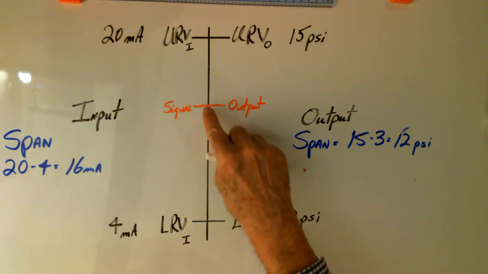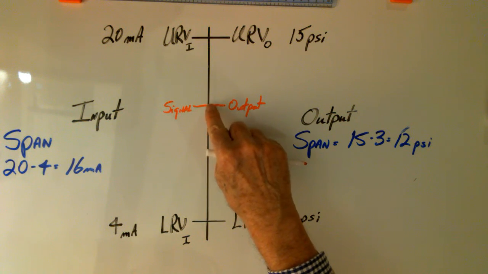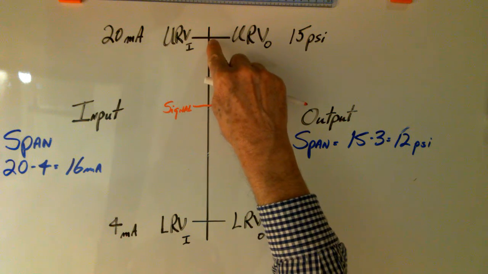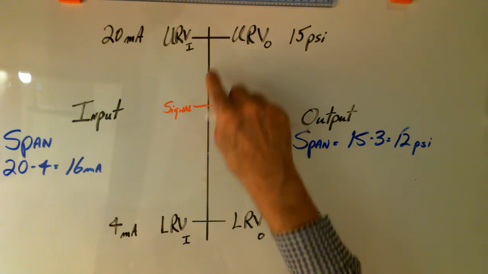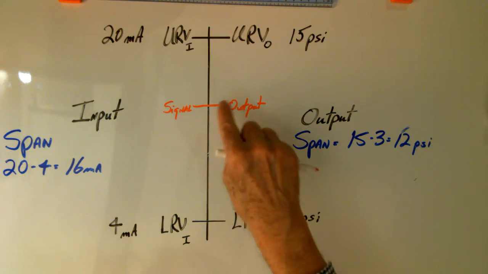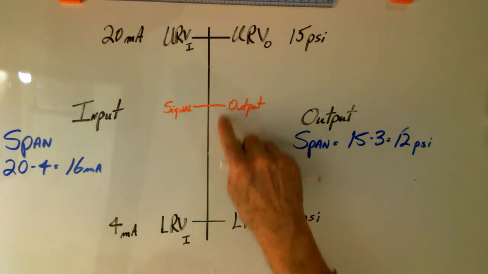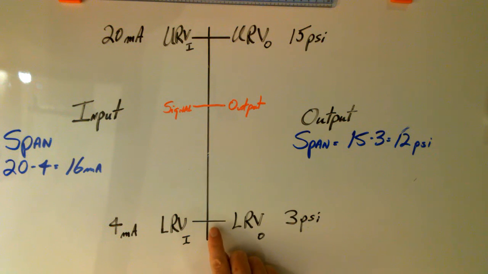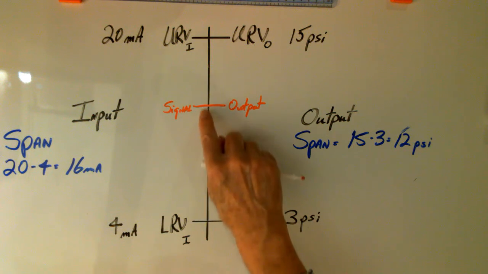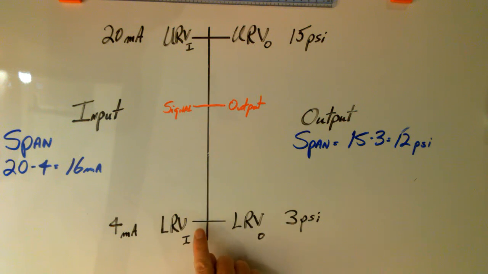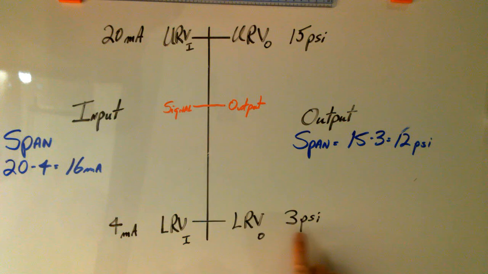Okay, so if I take this slider and push it all the way to the top, or all the way to the URV, the output goes with it and stays with it exactly. If I put my finger on the slider, bring it down to the LRV, then the output comes all the way down to the bottom. So if I had my slider on 4 milliamps, then my output would be on 3 psi.